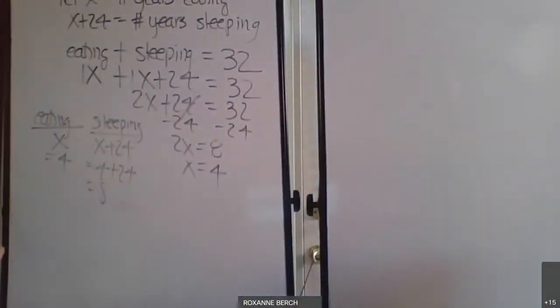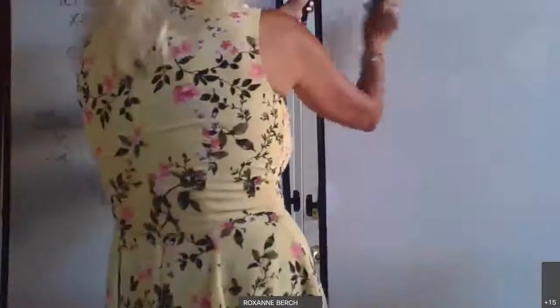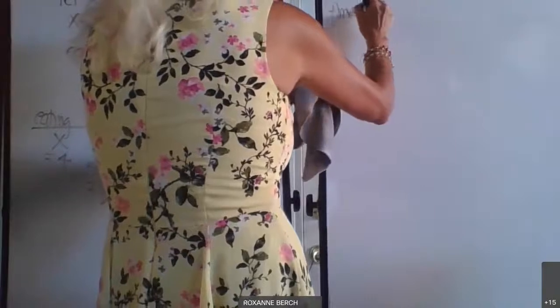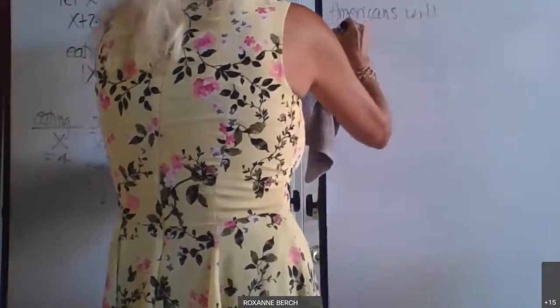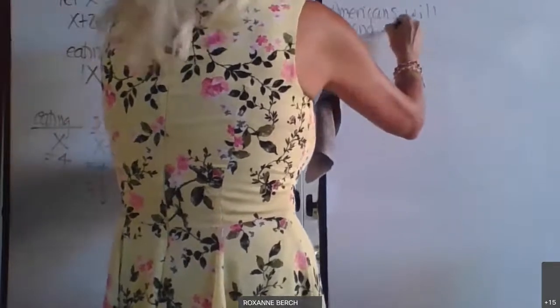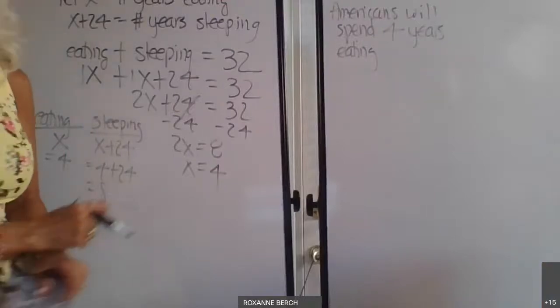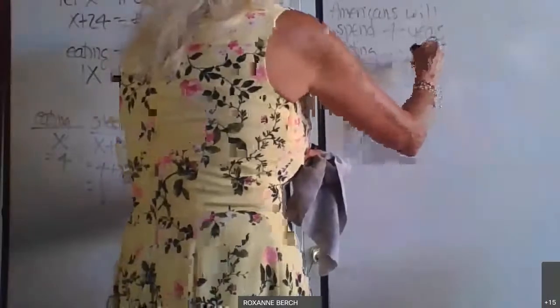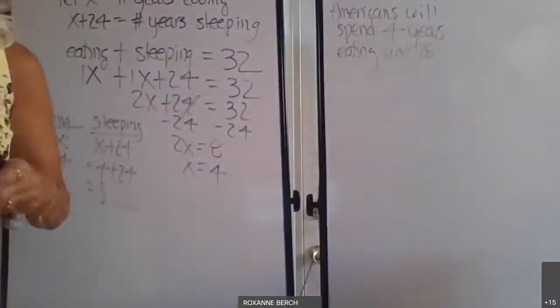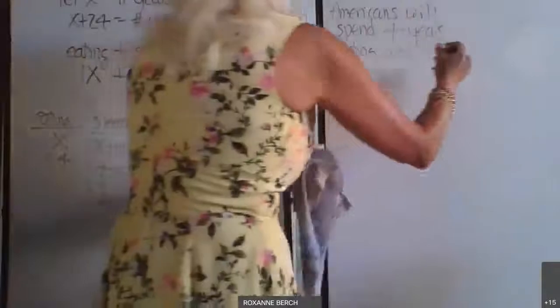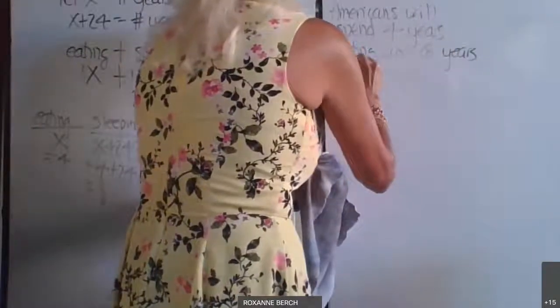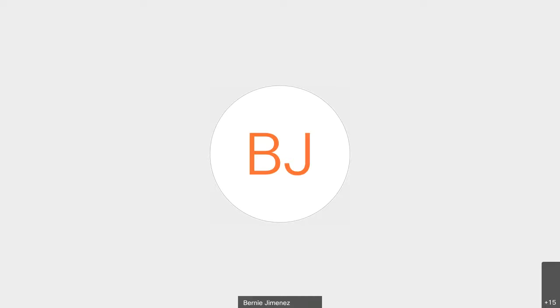All right, we're going to say that Americans will spend 4 years eating and 8 years sleeping. Miss Birch, I don't mean to bug, but could you go up a little bit? I'm sorry.